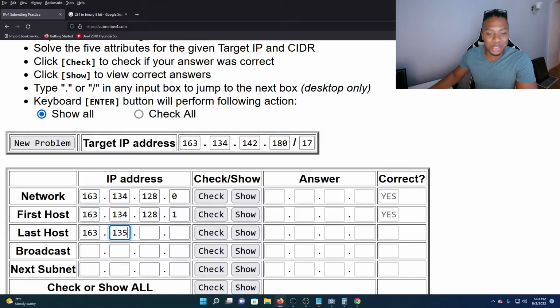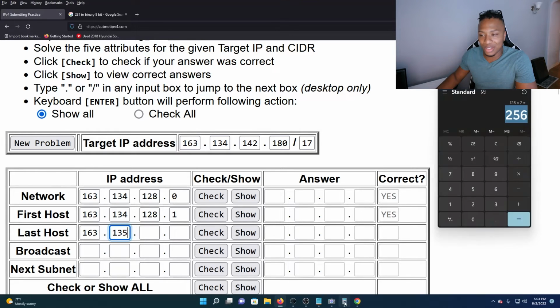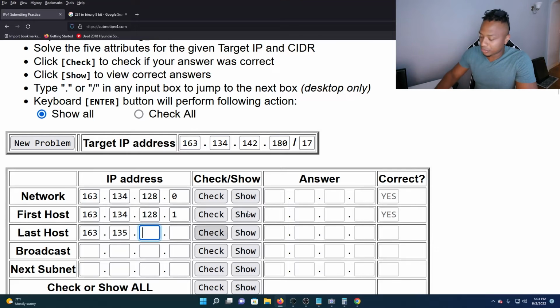Remember, because we can't go above 255, so we have to increase the one before it. 135, 0, because we're starting new. And what do you think this number is going to be, guys? We're starting new. Let's go to 0. Let's see if it's right.